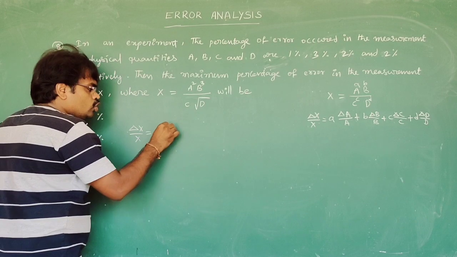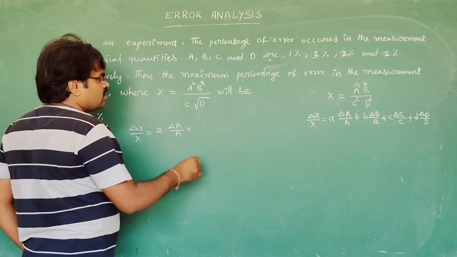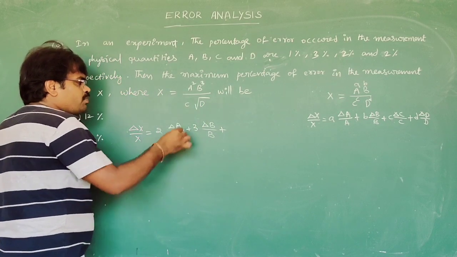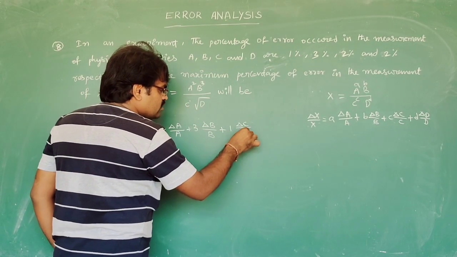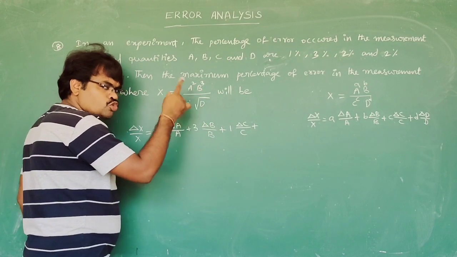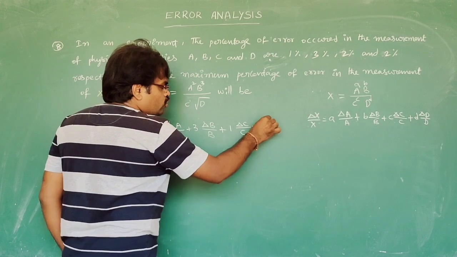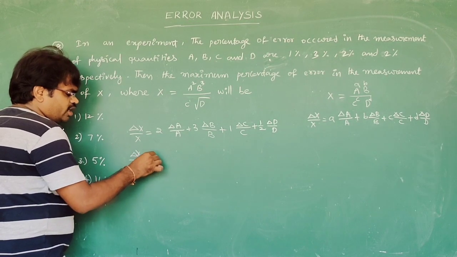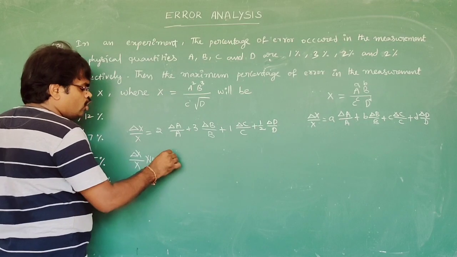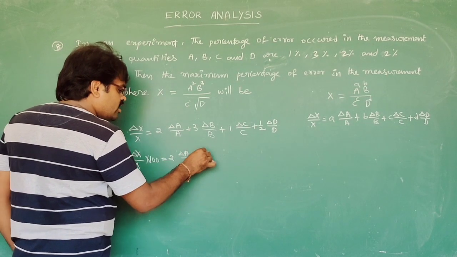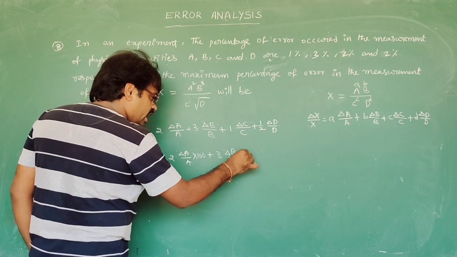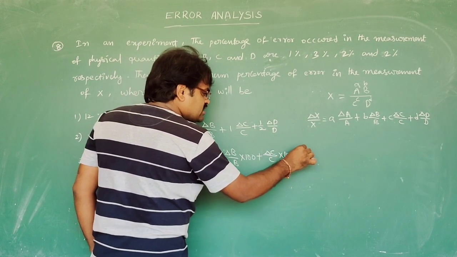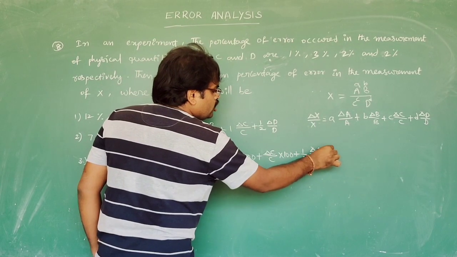What is the a power? 2. 2 into delta a by a plus b power 3, 3 into delta b by b, plus C power is 1 into delta C by C, plus root D means D to the power of 1 by 2, that is 1 by 2 into delta D by D. Then here we want the percentage of relative error, that is delta x by x into 100: 2 into delta A by A into 100 plus 3 into delta B by B into 100 plus 1 into delta C by C into 100 plus 1 by 2 into delta D by D into 100.